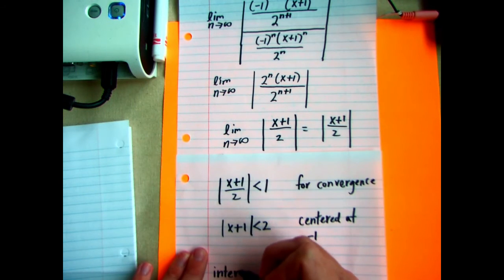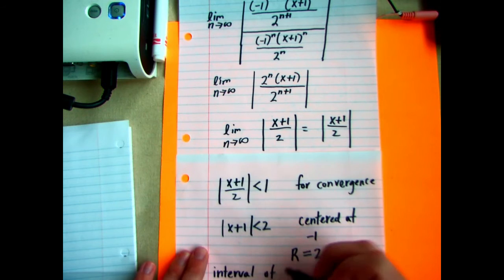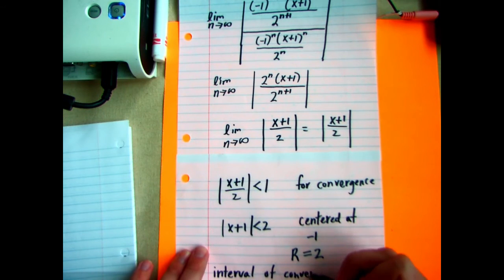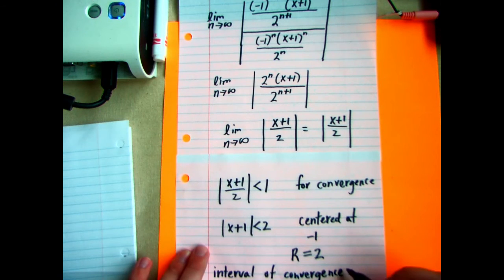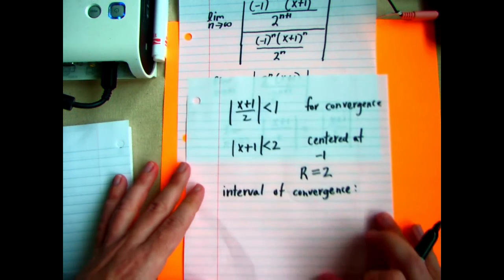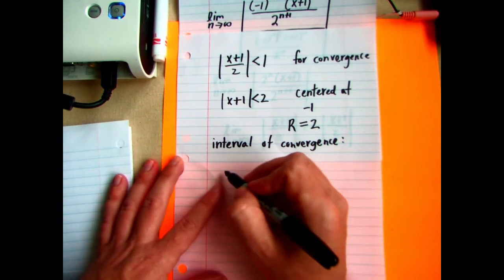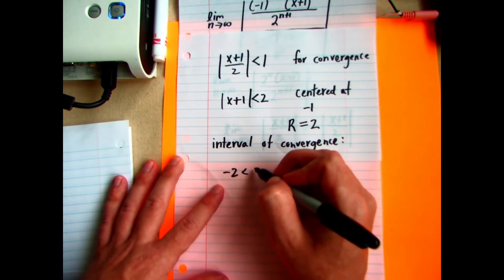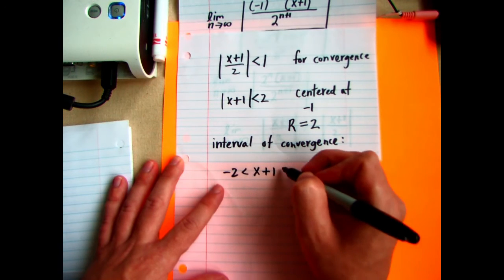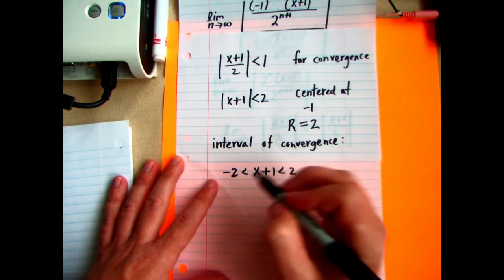And we'll see that a little better if I solve this absolute value inequality. That kind of goes back to Algebra 2 days. If I solve this absolute value inequality, I end up with negative 2 less than x plus 1 less than 2.